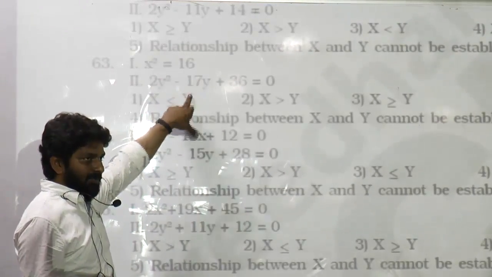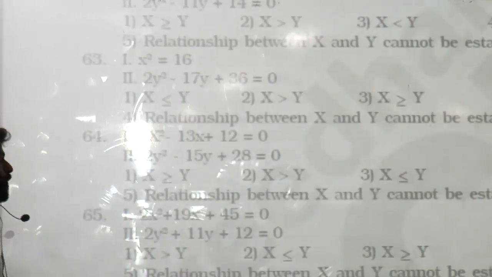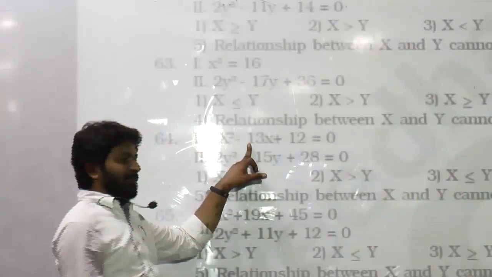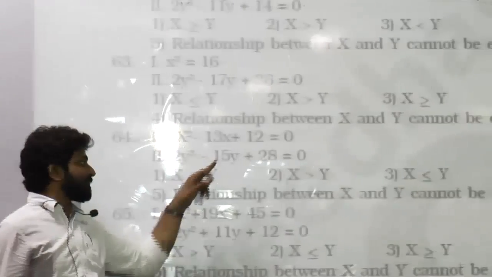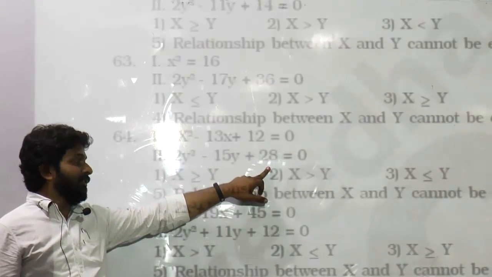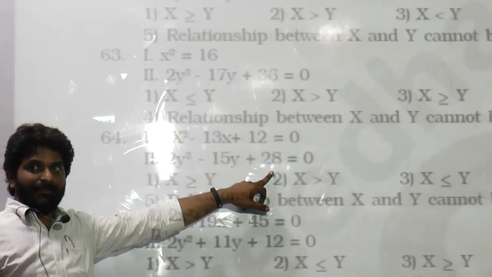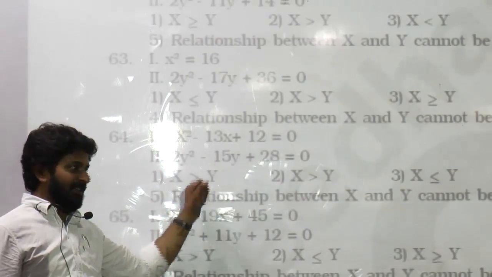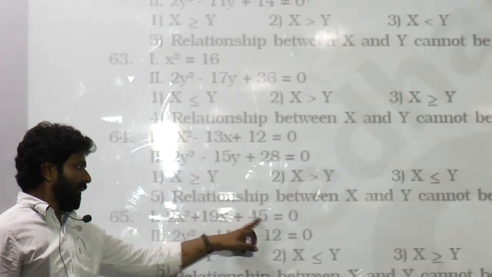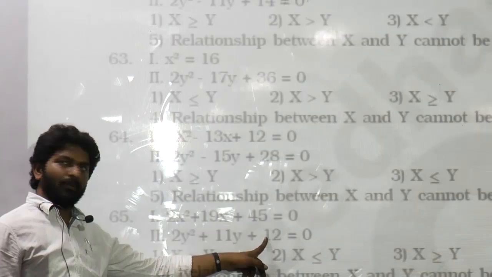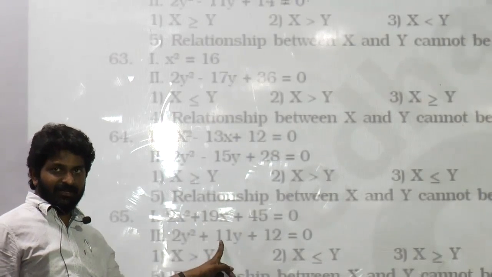Product is positive but sum is minus. 36, 9 4s. Minus 9 minus 4. Product is positive. 2 28s, 56. 7 8s, 56. Minus 7 minus 8. 90, the same combination 10 and 9. 24, 8 and 3. 8 3s are 24, 8 plus 3 is 11. Next.